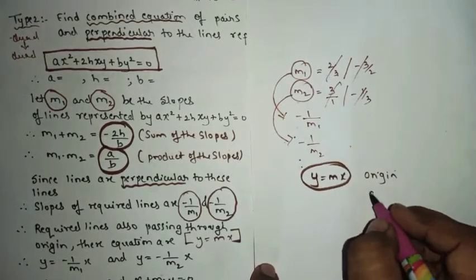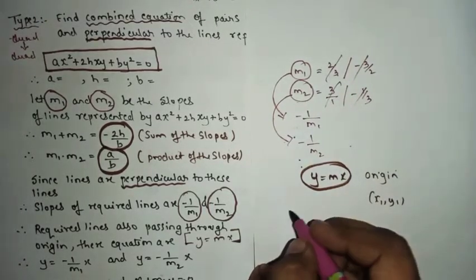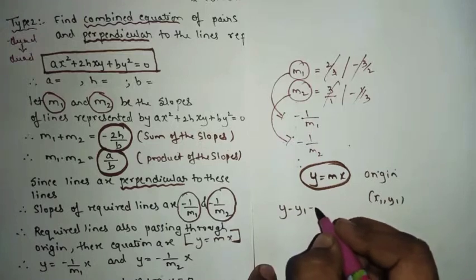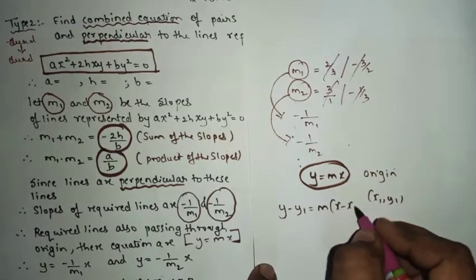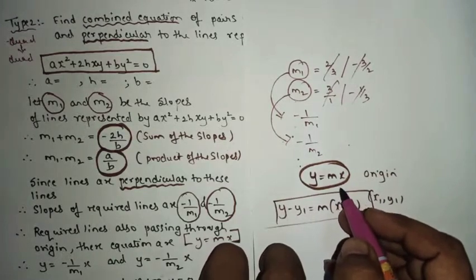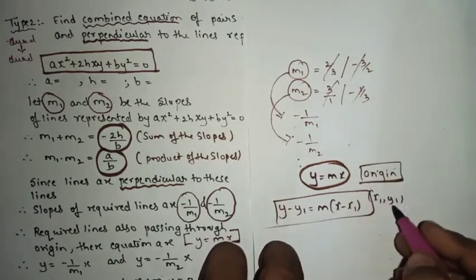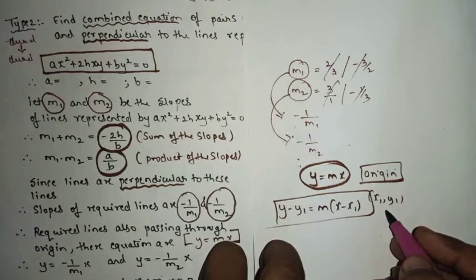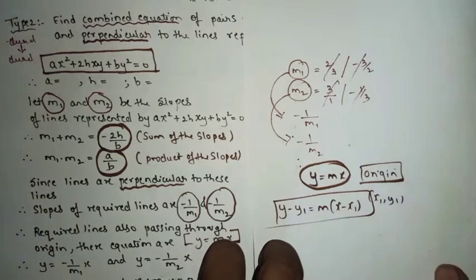When it is passing through a point x1 comma y1, the formula is y minus y1 equal to m into x minus x1. So apply this formula whenever the words 'passing through origin' come, and the other when it is passing through a given point.